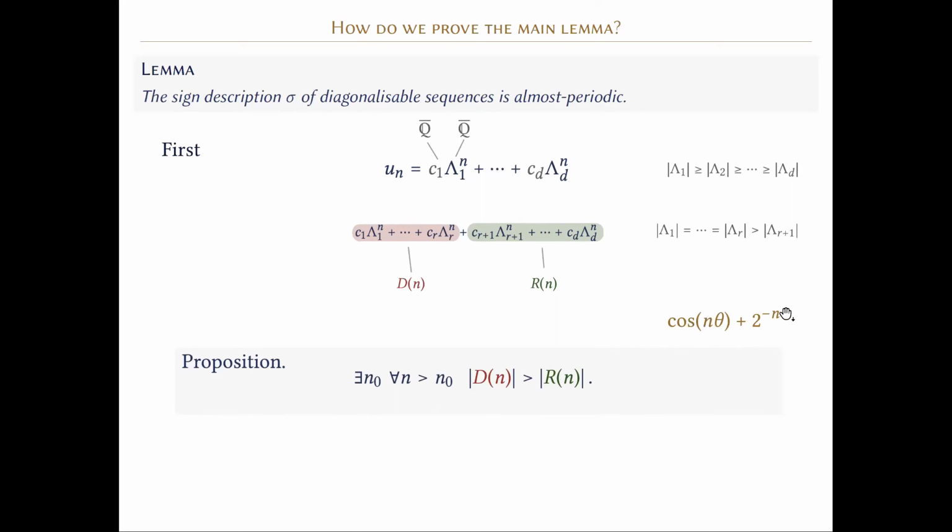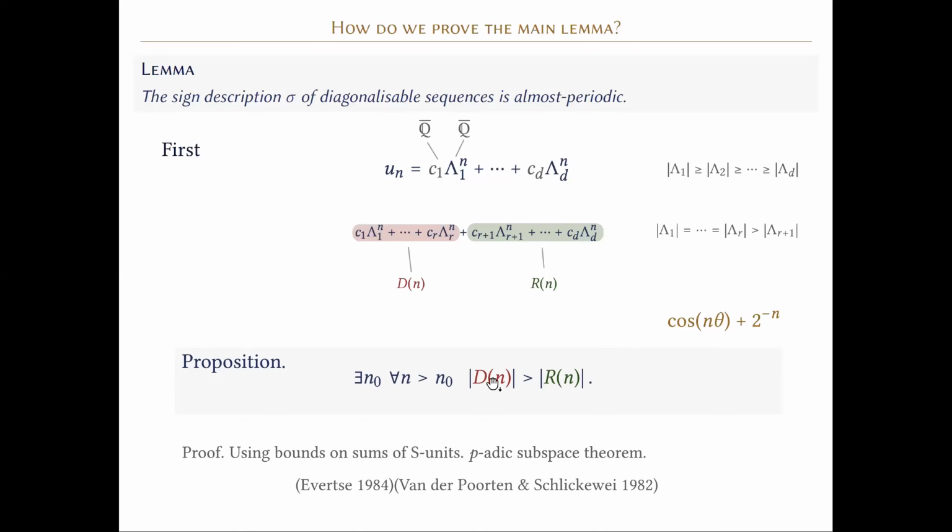Then this would be a linear recurrence sequence, but cosine n theta can come arbitrarily close to 0. So whether the sign of u_n is determined by cosine n theta or 2 to the minus n will depend on the speeds of convergence with which these two things can go to 0.